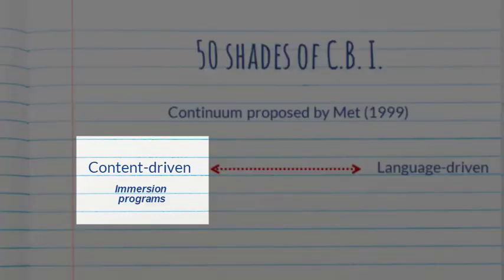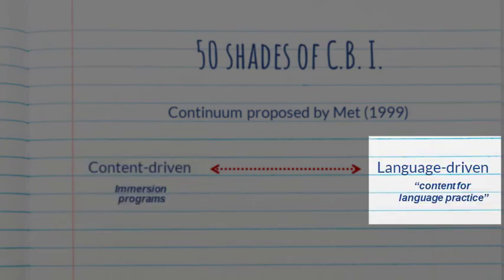An example of content-driven courses, the strongest form of CBI, would be immersion programs. So the students, for example, are taking a science class in the target language. Their goal is not primarily or exclusively to develop communicative ability in the language, but rather the goals of the course are things like to learn about photosynthesis.